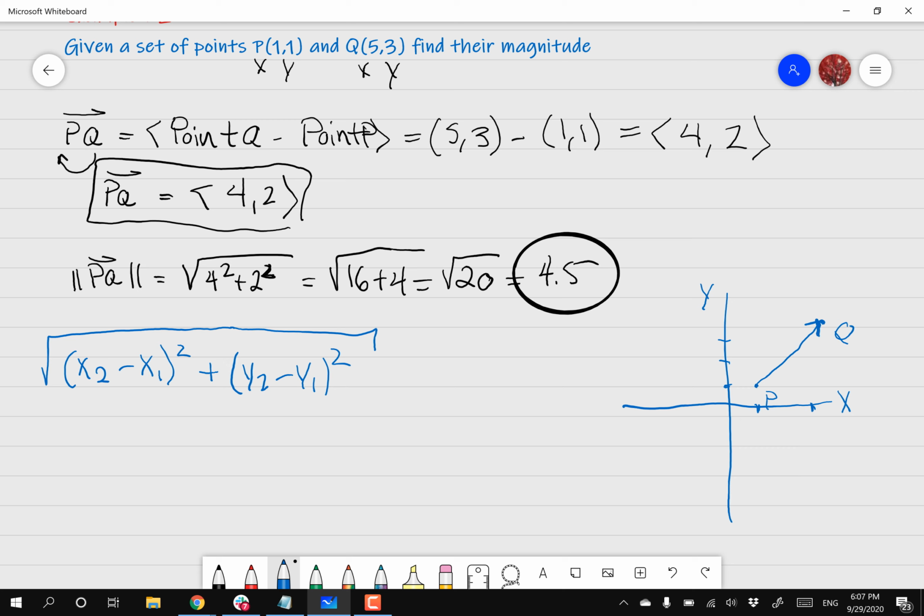Again, we discussed that the vector magnitude is basically the length of that vector. In order for us to find the length of this vector, we're going to use the distance formula.